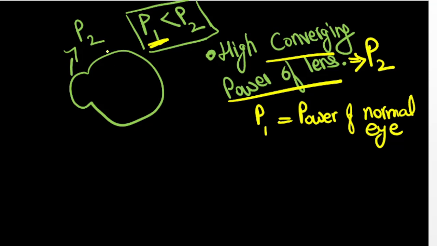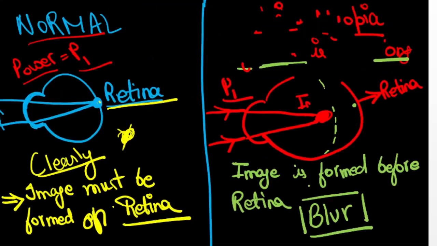And we will see an example of P2 here. P2 greater than P1 means the power of the normal eye, like we have seen here, this is P1. When the image forms on the retina, its power is P1 and we are able to see everything clearly. Now I am talking about when the power of the lens is increased.